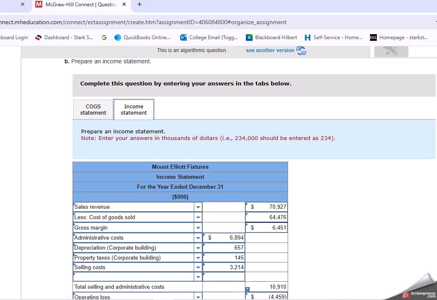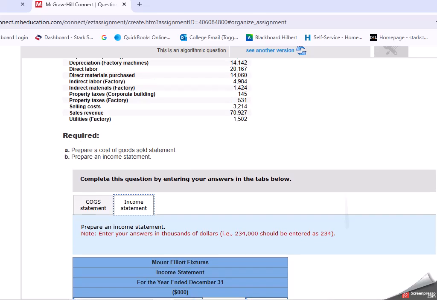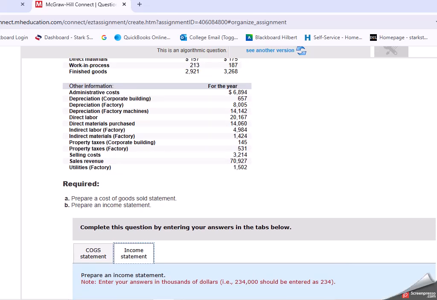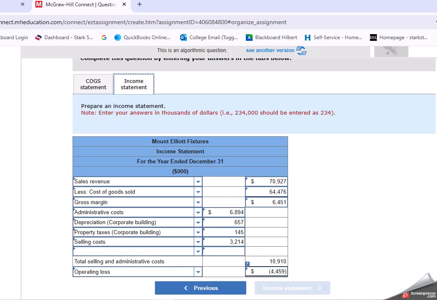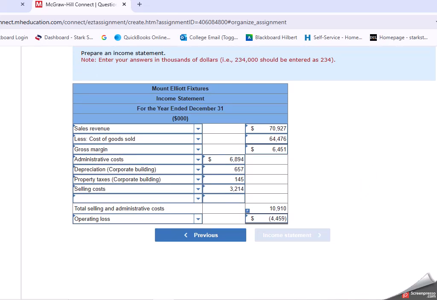And then we subtract those to get to the gross profit, the gross profit margin. Then we look at those general and administrative expenses. So the depreciation on the administrative costs, depreciation on the corporate building, property taxes on that corporate building, then our selling costs. So then you'll see all those listed out, total those up, and then they have an operating loss.